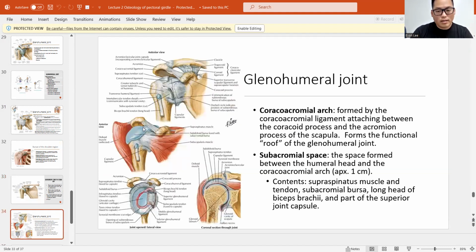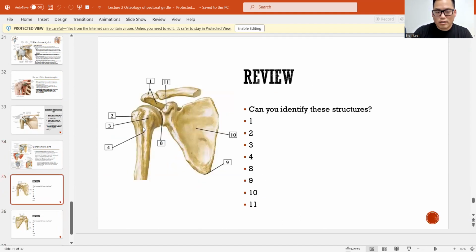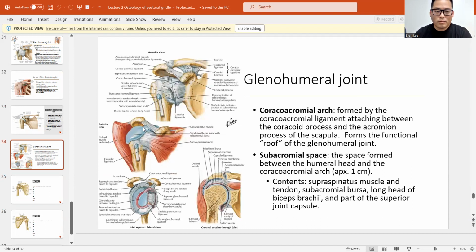So I think that should be about it, oh wait, one more thing. If you look closely, we have the coracoacromial arch and the subacromial space. This is what I was talking about regarding the coracoacromial ligament.